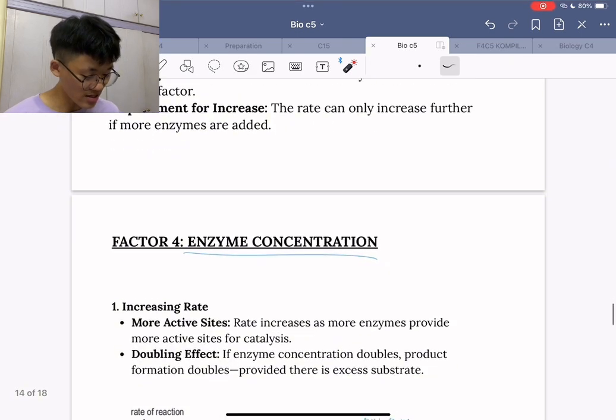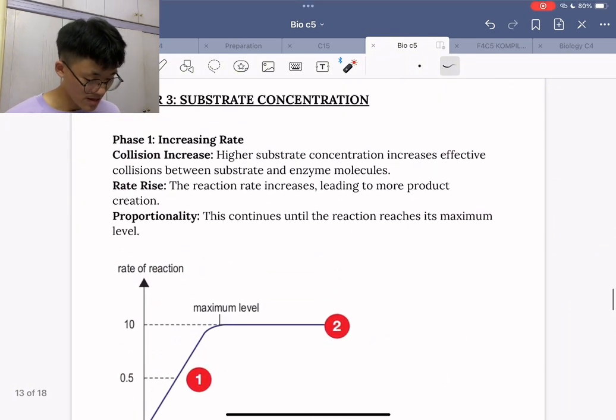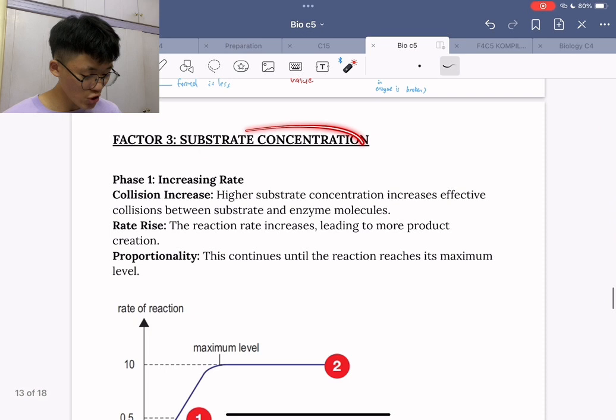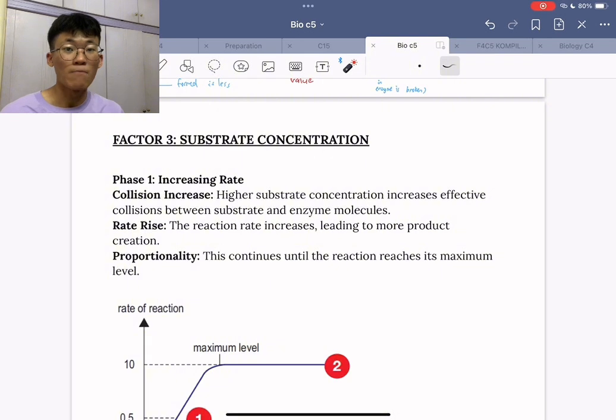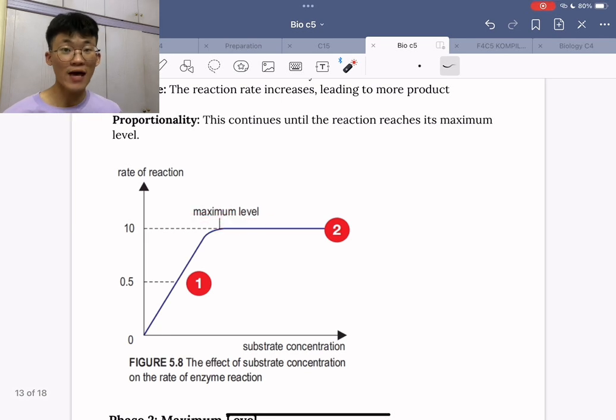The fourth factor is enzyme concentration. You manipulate the concentration. So you can see if I increase the substrate concentration, it will increase the effective collisions, and more enzyme substrate complexes are formed, and more product is formed. And what if it reaches the maximum level?